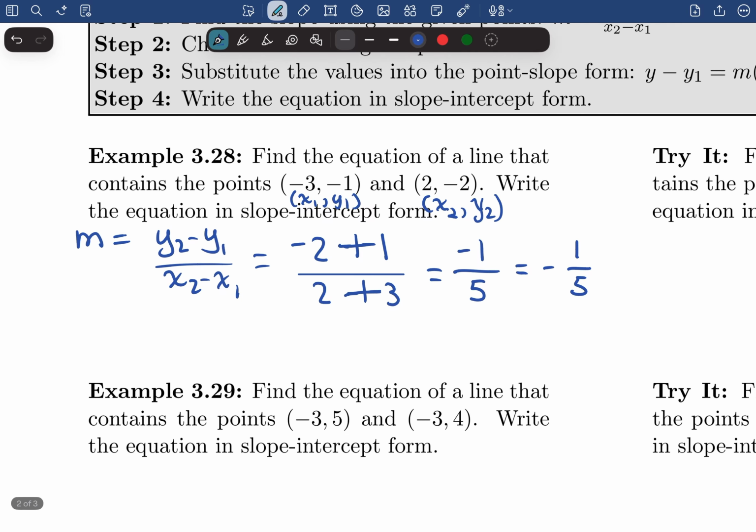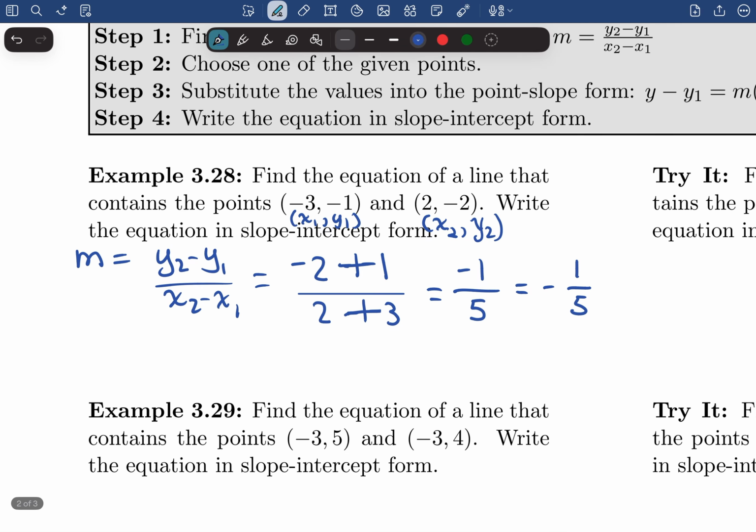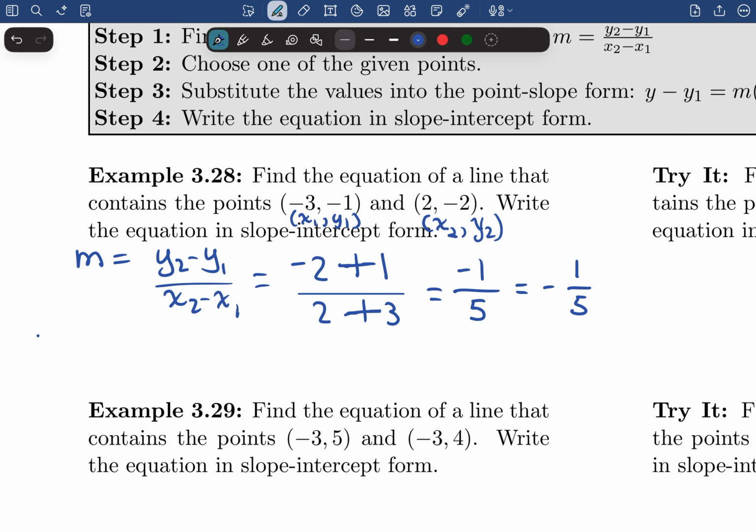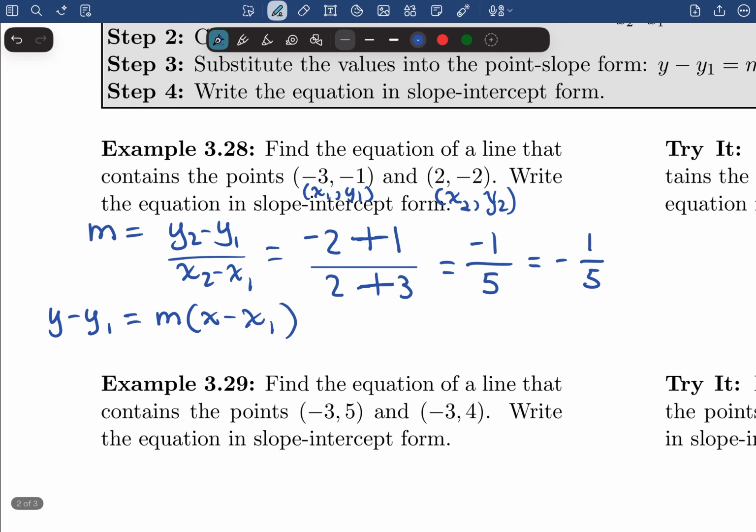Now that I have found the slope, I can use the slope and a point, plugging them into point slope form. And you could choose either one of the points to plug in. Okay, so I'll just use the first point here. And so you know that point slope form is y minus y1 equals m times x minus x1. We've been writing that a few times now today. Now let's take the value for m, right?